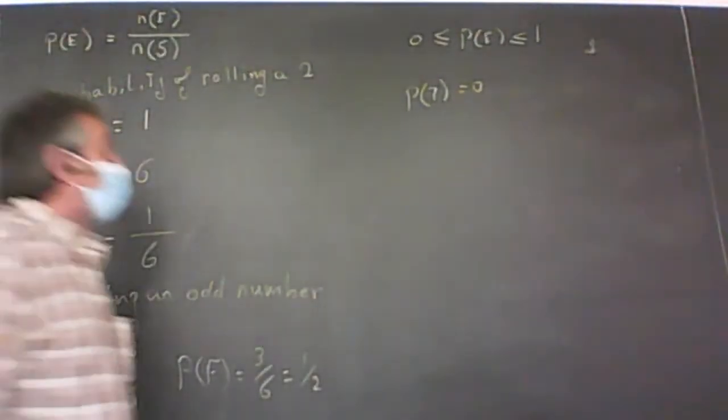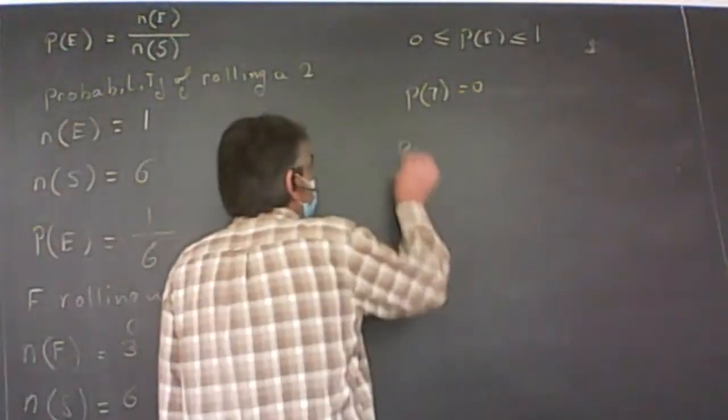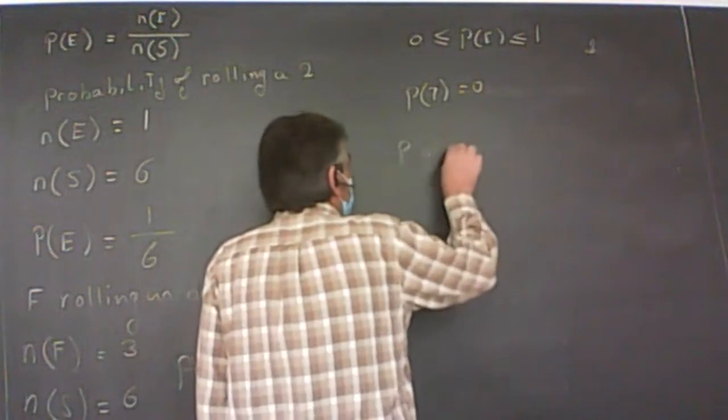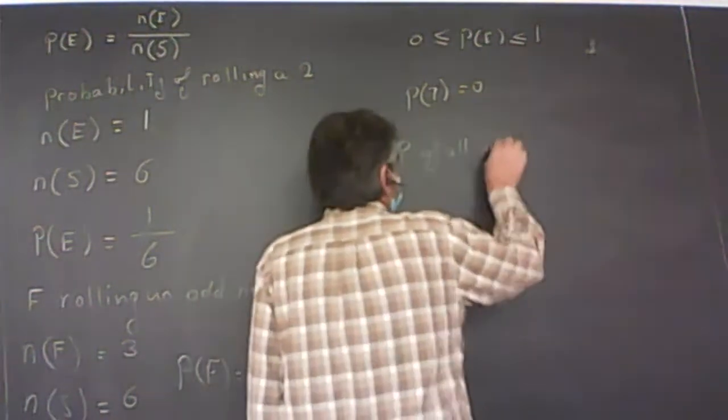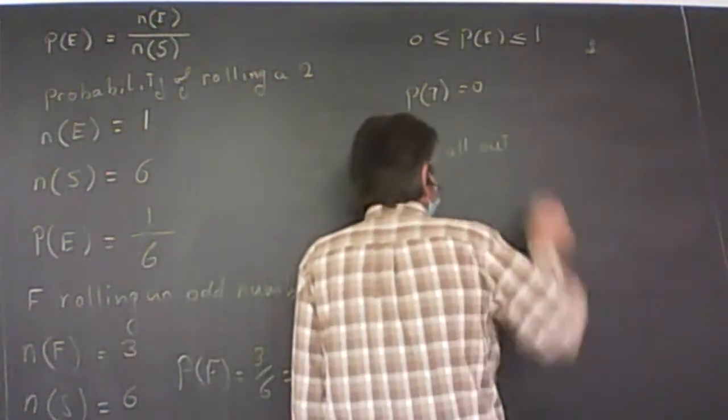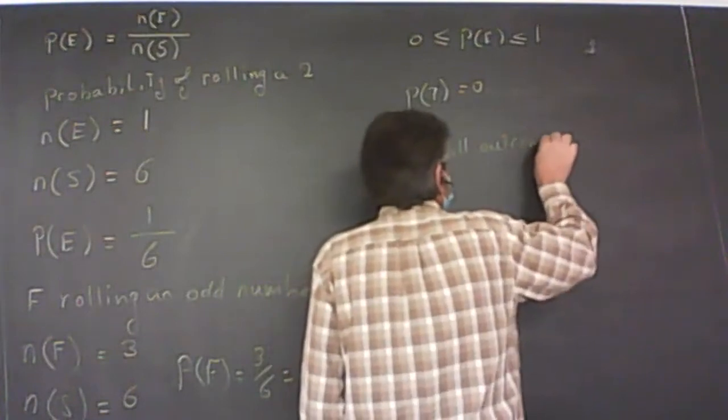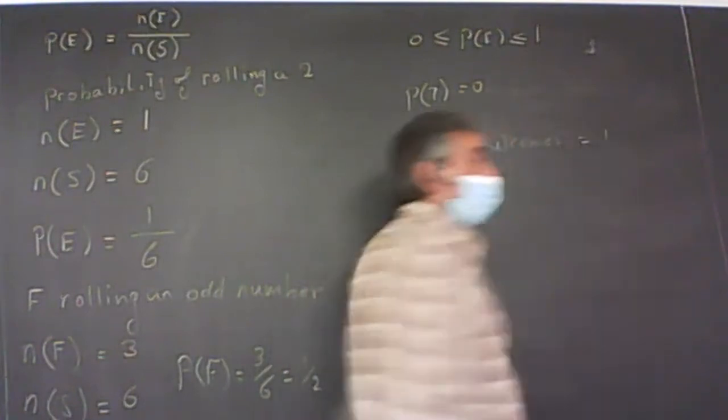Why? Because the probability of all outcomes equals 1.